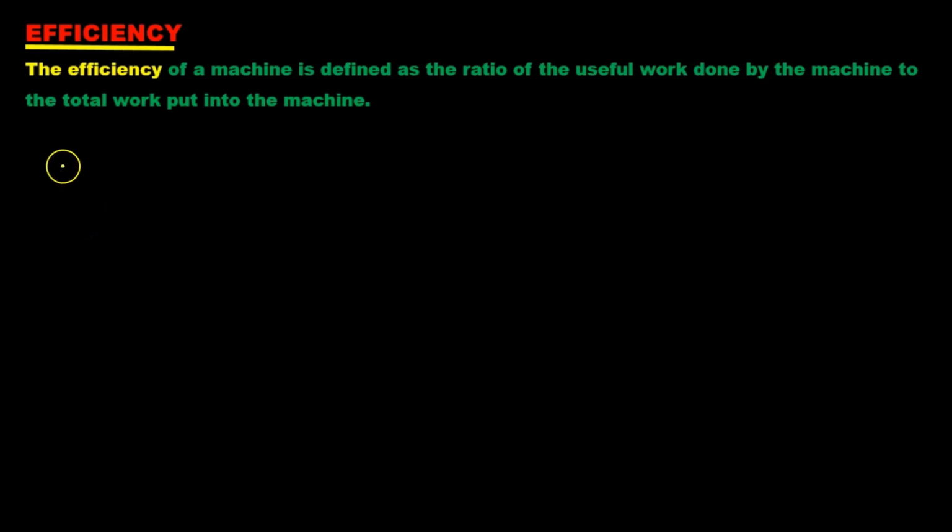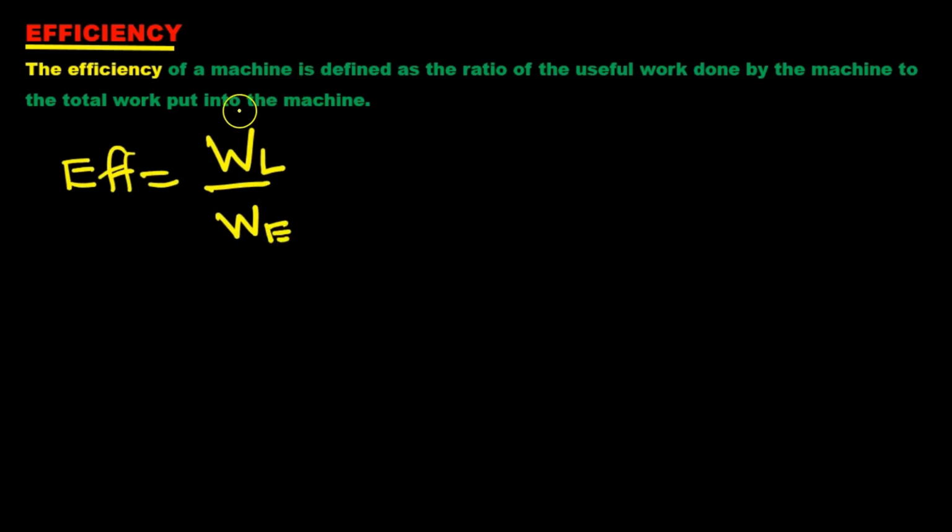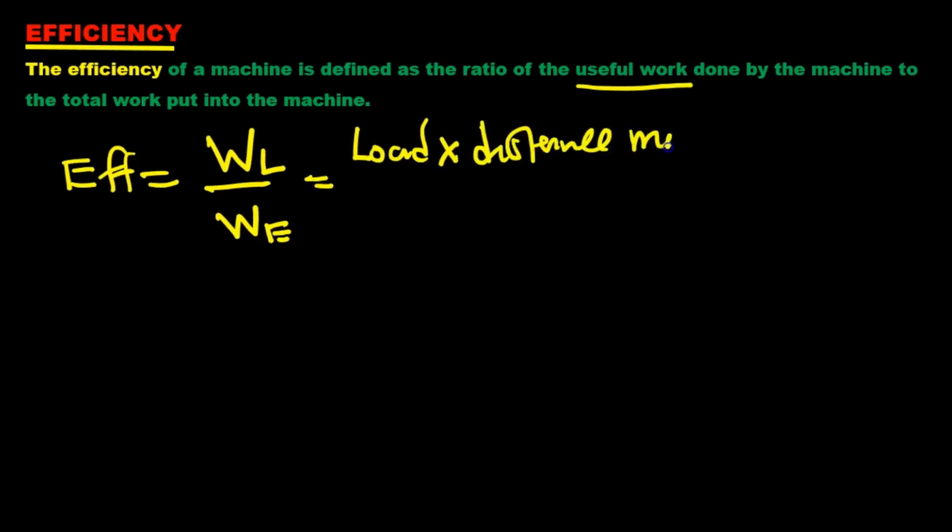So how is the formula for efficiency written? Efficiency can be calculated as work done by load divided by work done by effort. The useful work done here is the work done by load, which means you multiply load by distance moved by load.